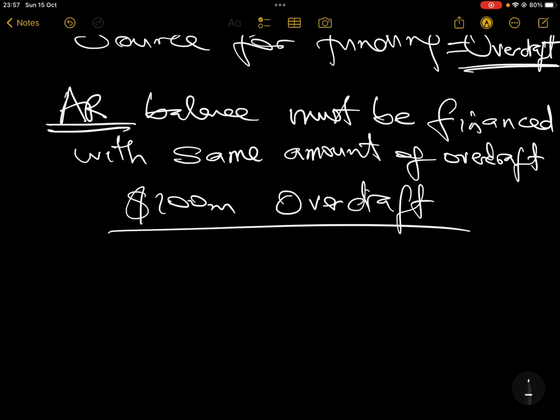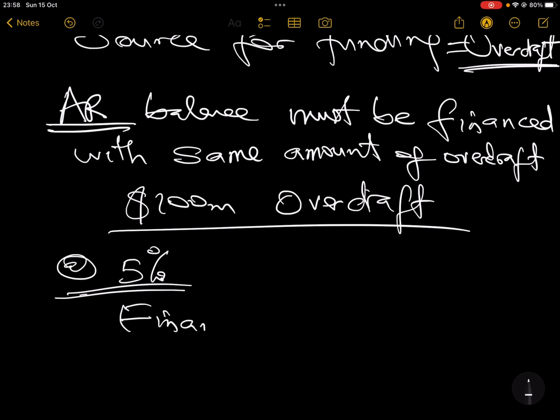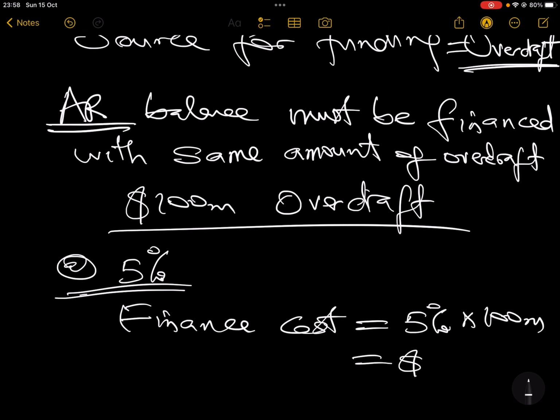Very important to note that if the overdraft rate is, take for instance, 5%, which usually will be provided in a question, your finance cost in this regard will be calculated as 5% of the account receivable, which is 100 million. And that means you're going to have $5 million as overdraft interest.